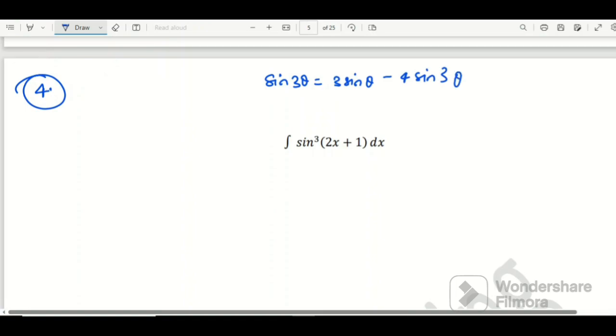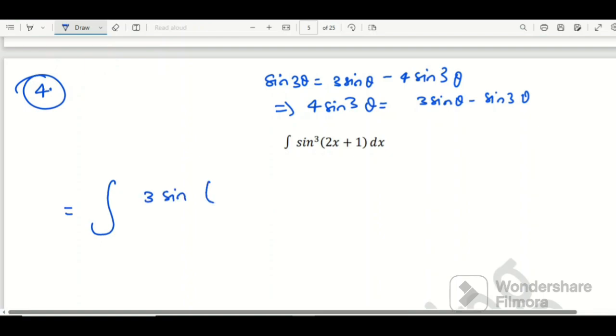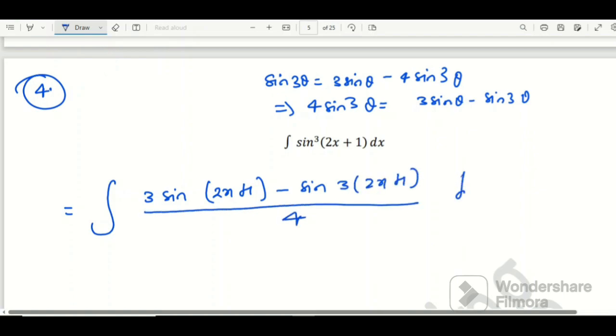So 4 sine cube theta will be 3 sine theta minus sine 3 theta. This implies we can write the integration of sine cube of 2x plus 1 as 3 sine(2x plus 1) minus sine 3 into (2x plus 1), by 4, dx.